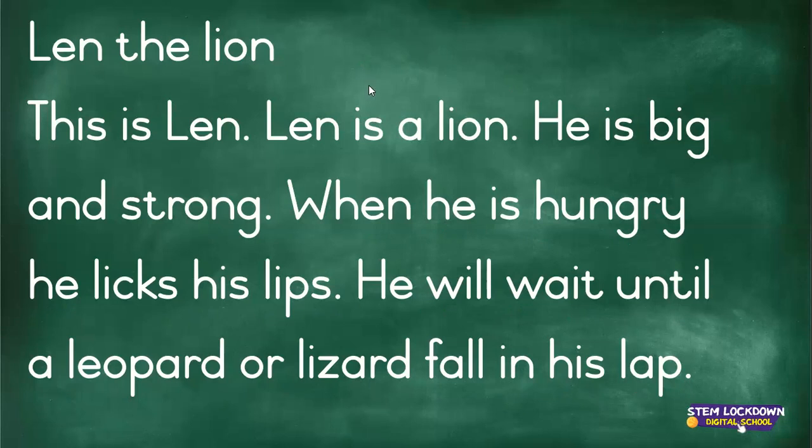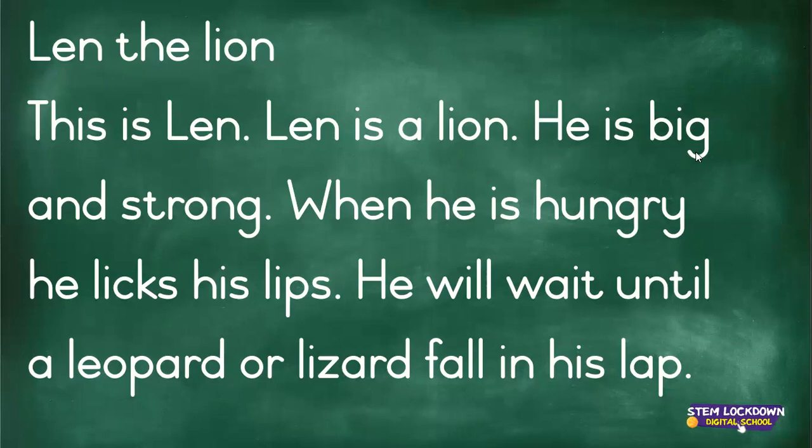That is a muted. One more time. And the lion. This is Len. The lion Lin, not the is big lion. and strong. Is Lin. When he is hungry, Is a lion. he licks his lips.